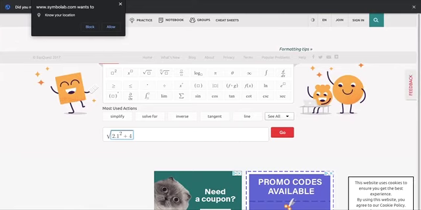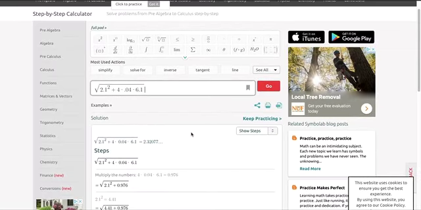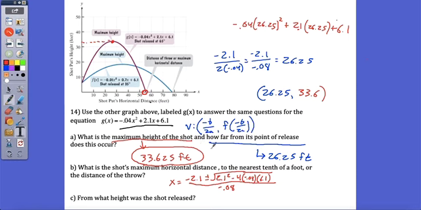Alright, so we get our value for that, 2.32. So this part of it is 2.32. So we got negative 2.1 plus or minus 2.32 all over negative 0.08. And then we just calculate those two.